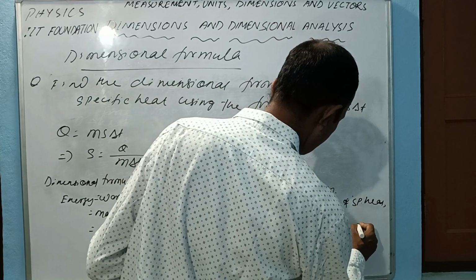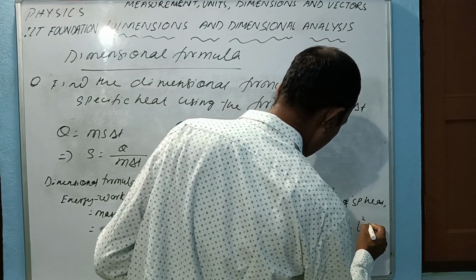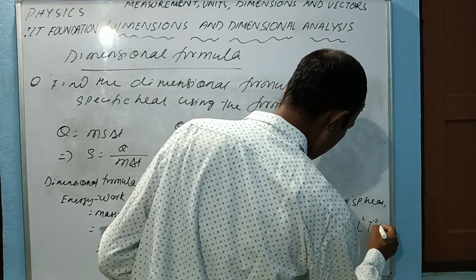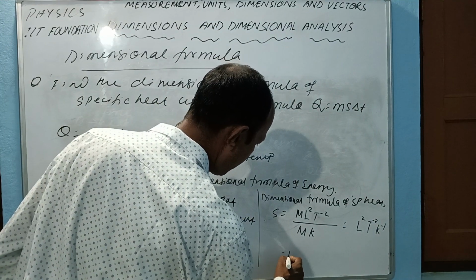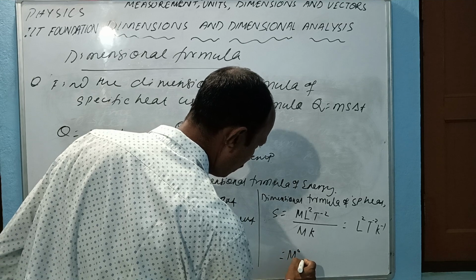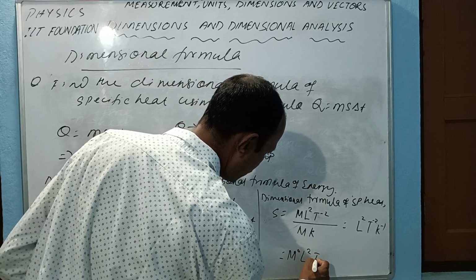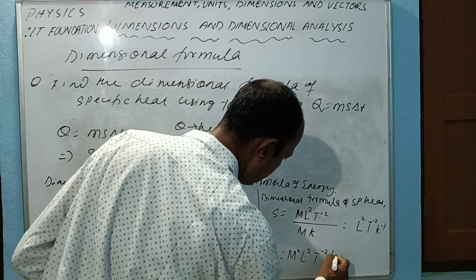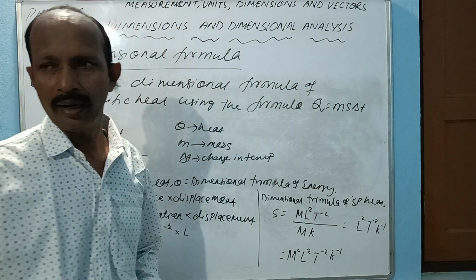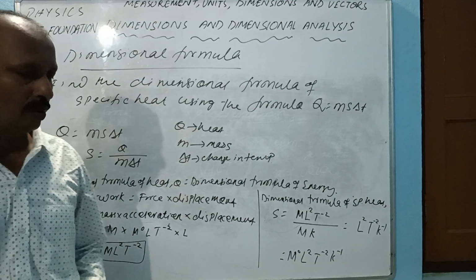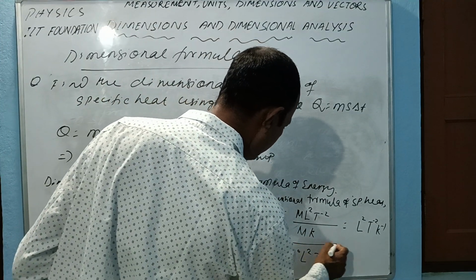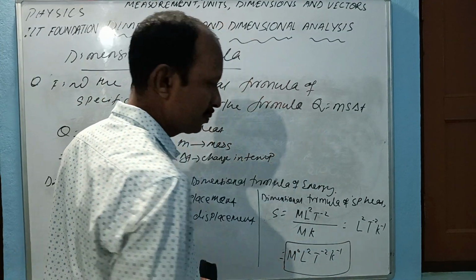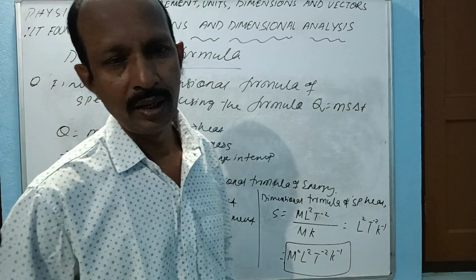So this is equal to L to the power 2 t to the power minus 2 k to the minus 1, or I can write m to the power 0, L to the power 2 t to the minus 2 k to the power minus 1. Okay, so this is the dimensional formula for specific heat.